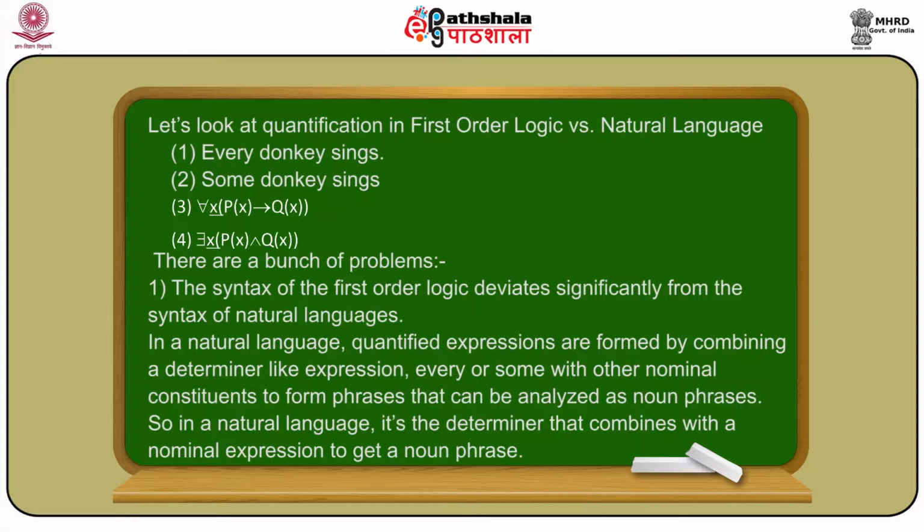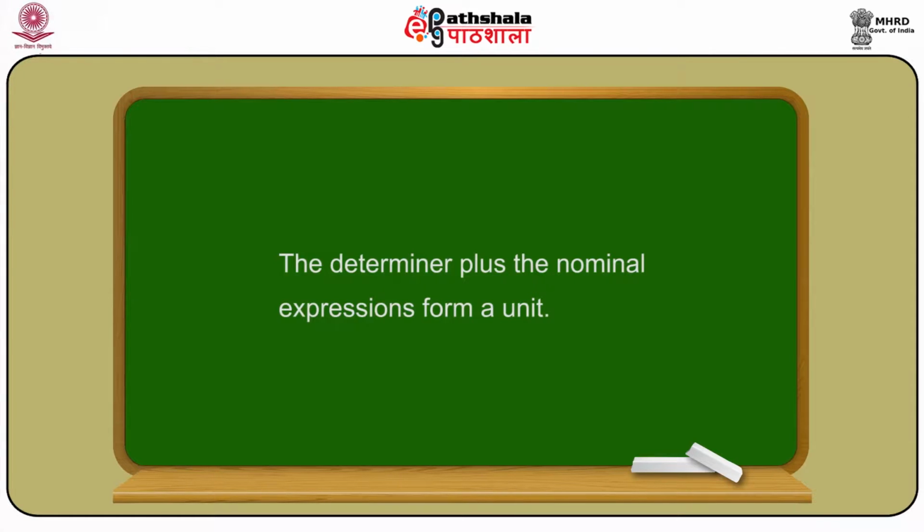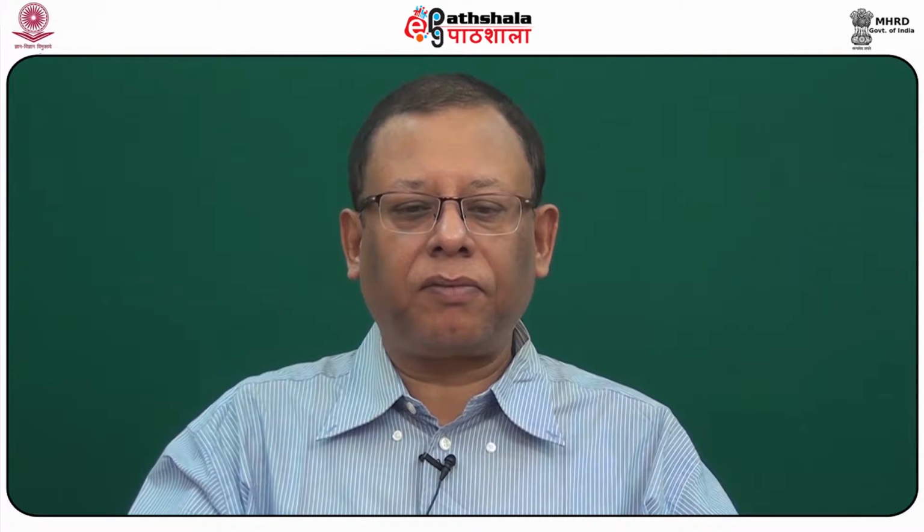So in a natural language, it's the determiner that combines with a nominal expression to get a noun phrase. There are some syntactic analyses that analyze these things as determiner phrases or DPs. For our purposes, the distinction is not very crucial. The only thing you need to concentrate on is the fact that the determiner plus the nominal expressions form a unit.